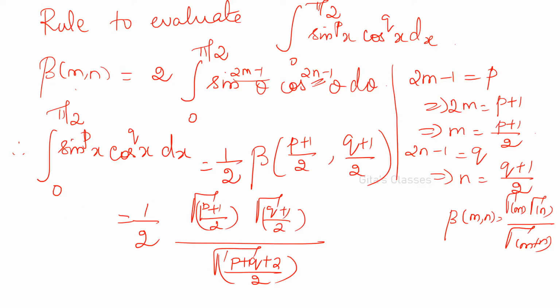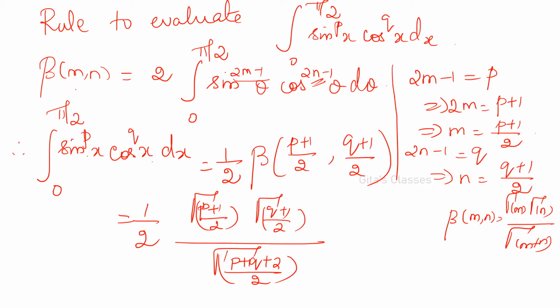Okay, integral 0 to pi by 2 sine power px cos power qx dx is equal to 1 by 2 into gamma of p plus 1 by 2 gamma of q plus 1 by 2 divided by gamma of p plus q plus 2 divided by 2. Let this be equation number 1.